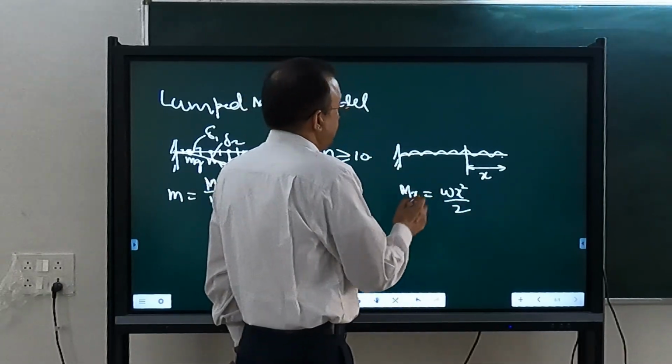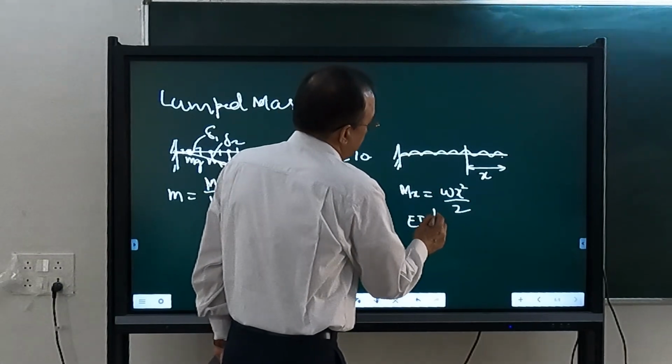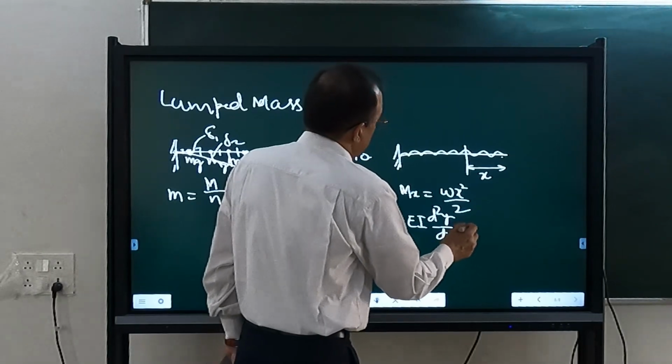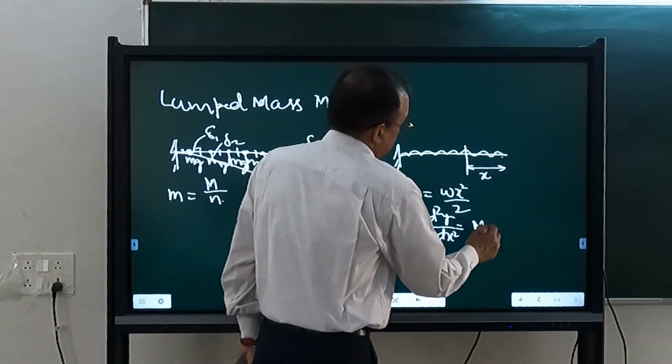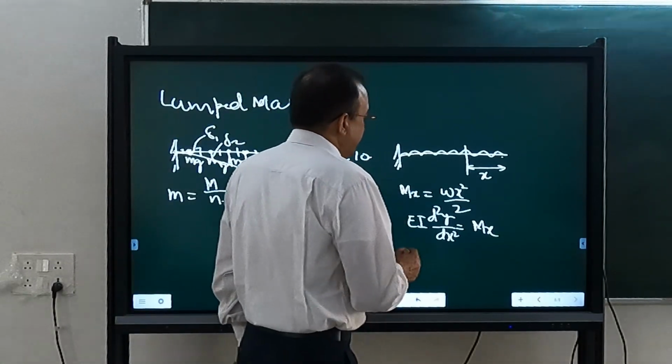Okay. And you can write down the equation as d²y/dx² equal to M/EI. What are the boundary conditions?